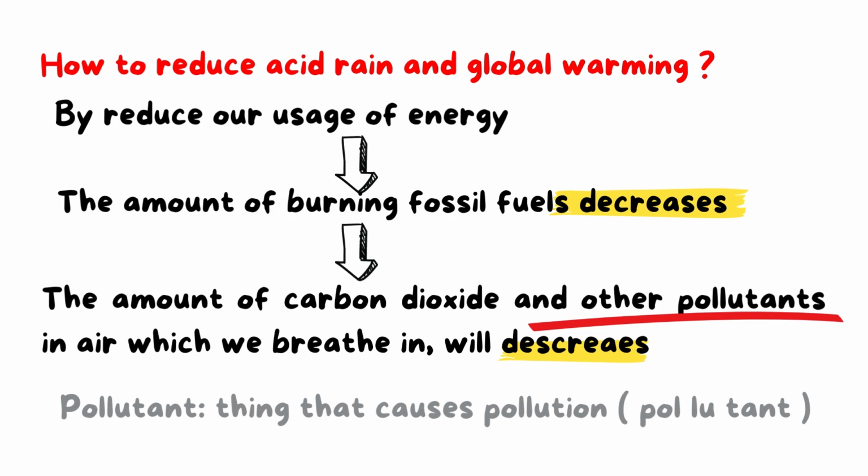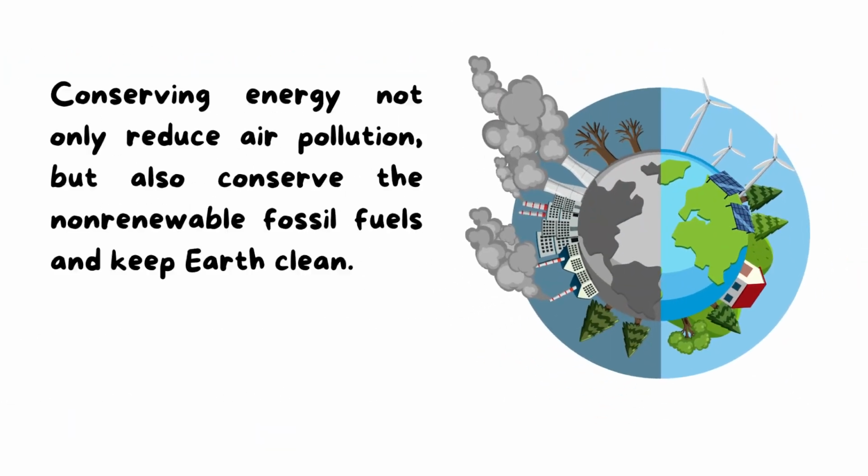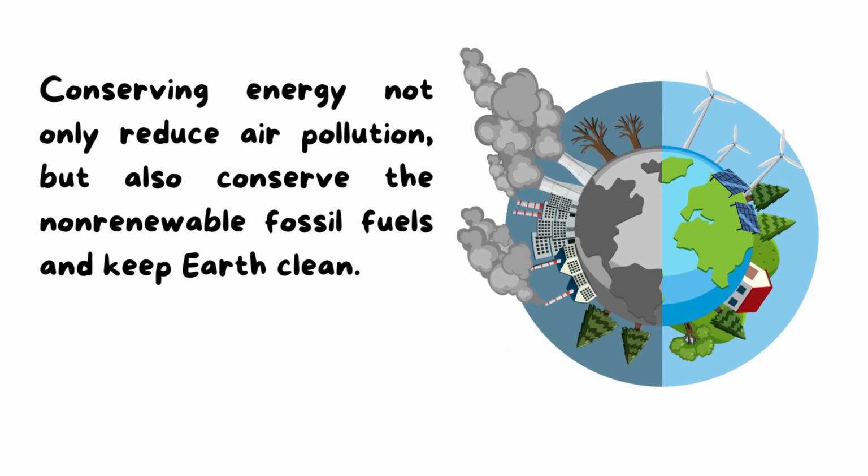Okay, conserving energy is not only to reduce air pollution. When we conserve our use of energy, we will conserve non-renewable fossil fuels, as we protect them from running out, and also we keep Earth clean, as there isn't a lot of carbon dioxide in the air, as you see here.